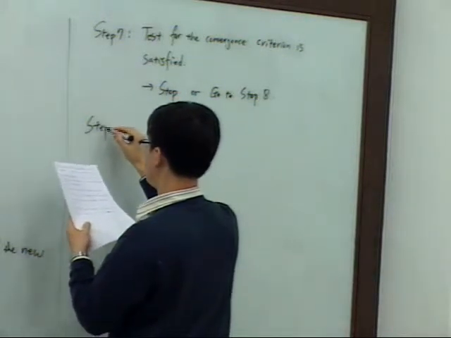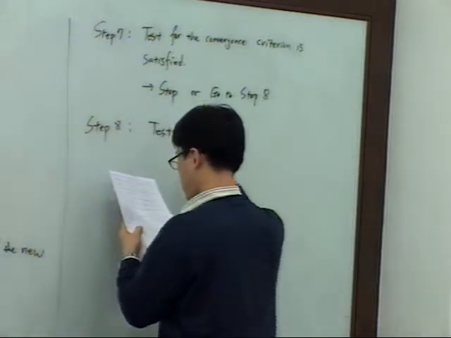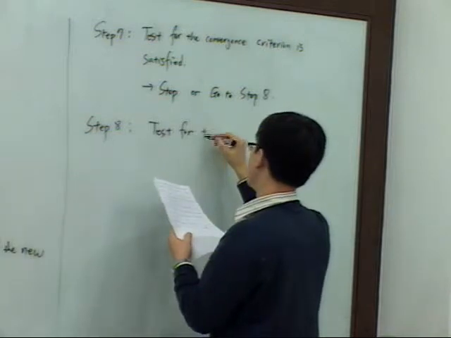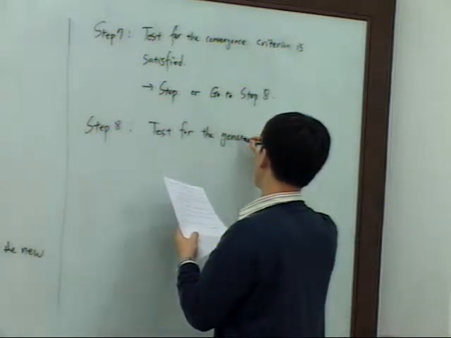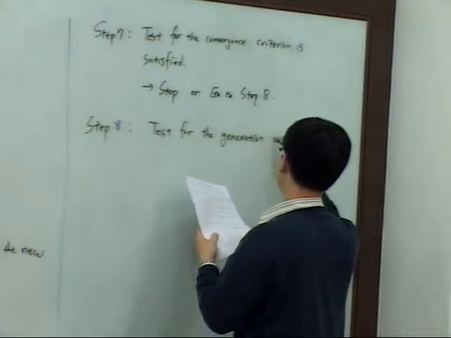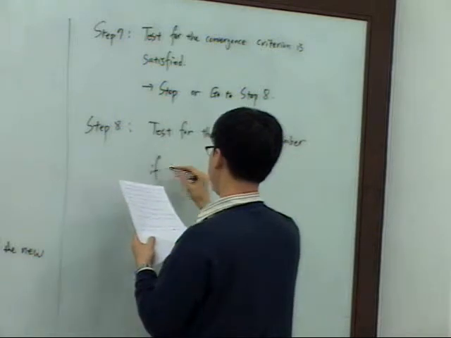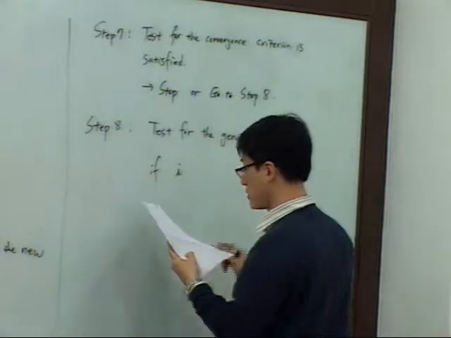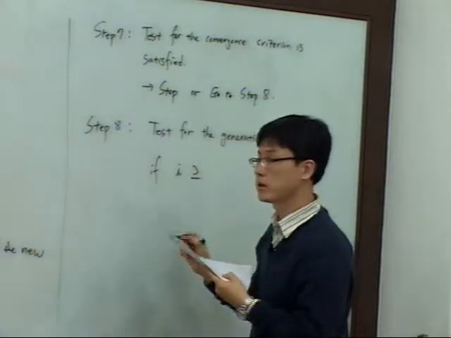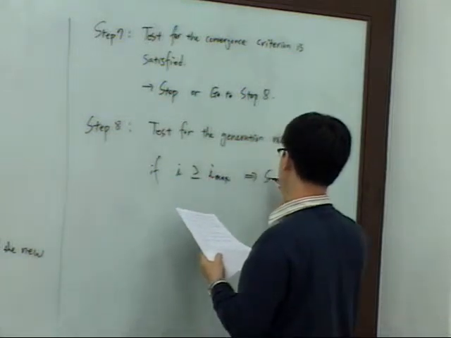Step 8. Test for the generation number. If the current generation number is greater than or equal to the maximum, then stop.